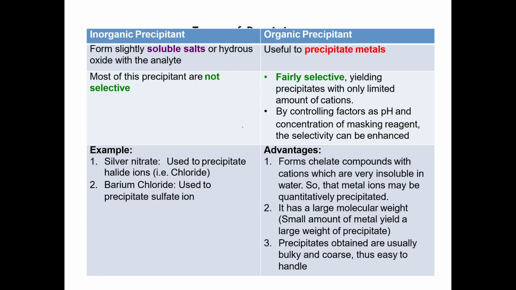So the metal ion may be quantitatively precipitated, and also organic precipitants have a large molecular weight. And the last advantage is that the precipitate obtained is usually bulky and coarse, thus easy to handle.